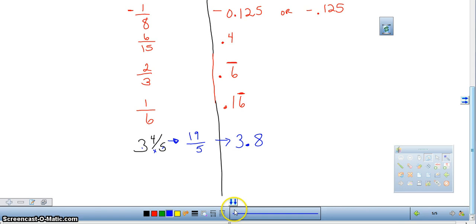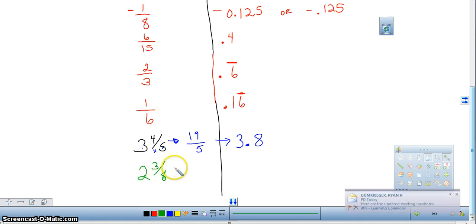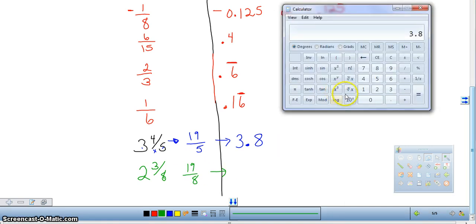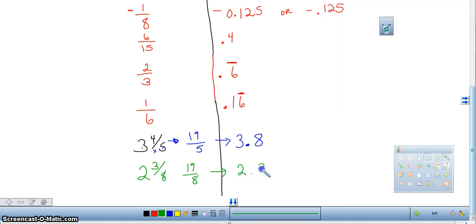3.8. All right, so let's see if I have 2 and 3 over 8. So I take 2 times 8, 16 plus 3, so I get 19 over 8. And then I'm going to use the calculator, and I take 19 divided by 8, and I get 2.375.